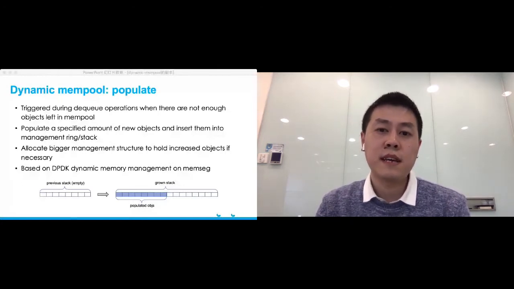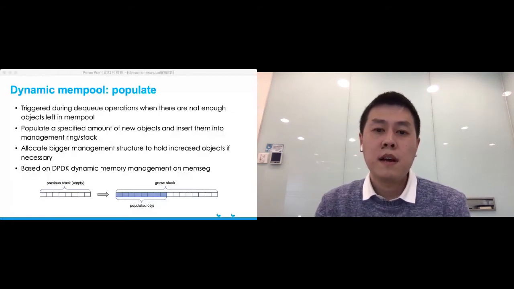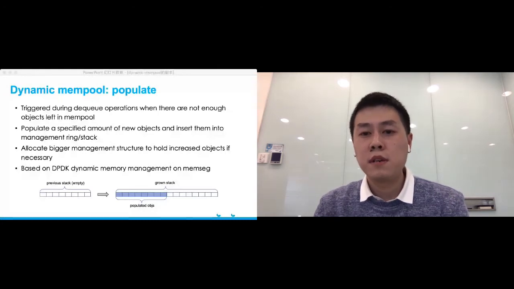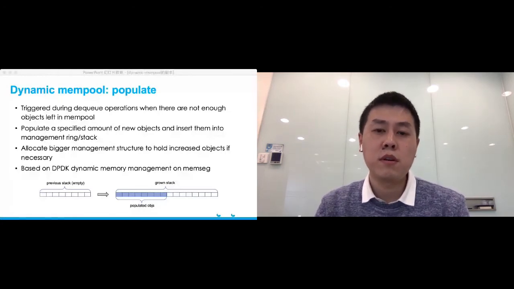If the ring or stack is not big enough to hold all the populated objects, a new bigger structure would be allocated to maintain them. After the dynamic growth, the dequeue operation would return with the newly allocated objects, and all the above steps are transparent to the caller.